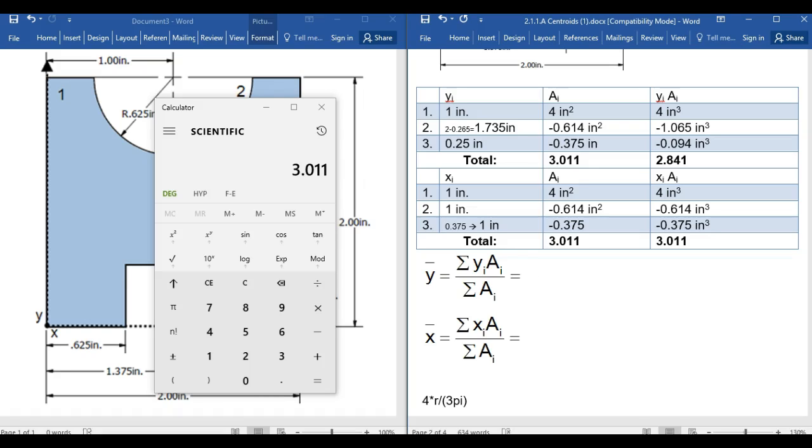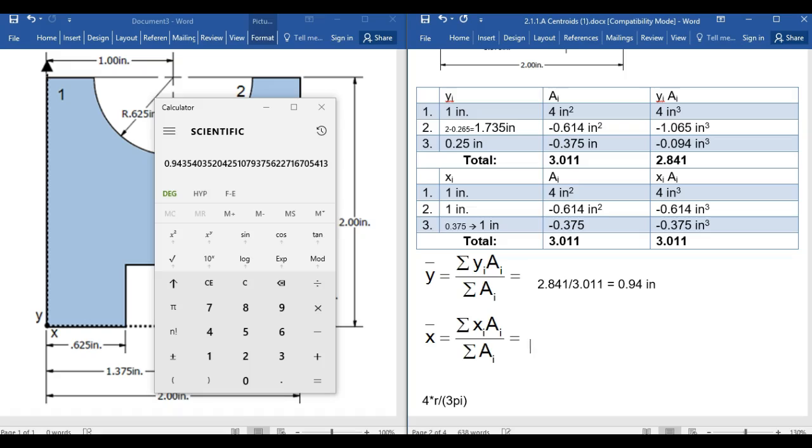So for my y centroid, it is the sum of y times A, which is 2.841, divided by the sum of the areas, which is 3.011. And when I do that, I get 0.94 inches.